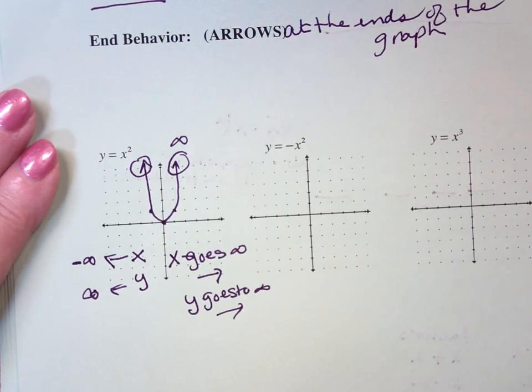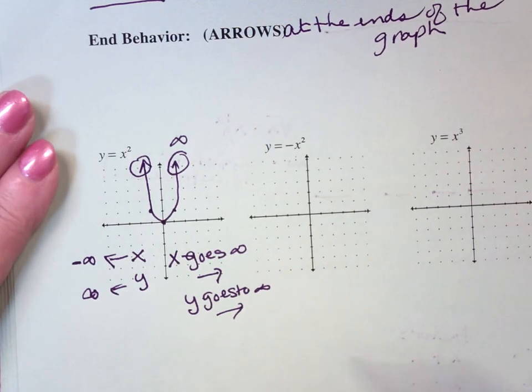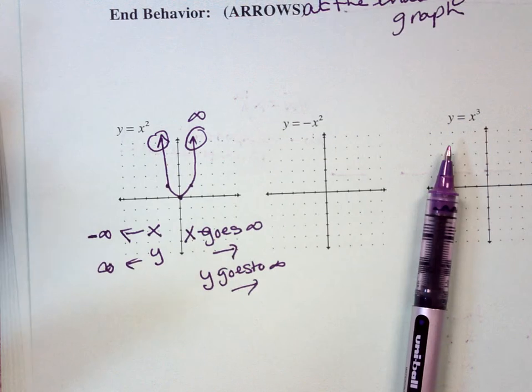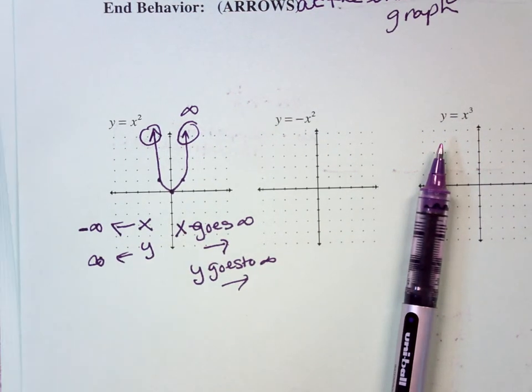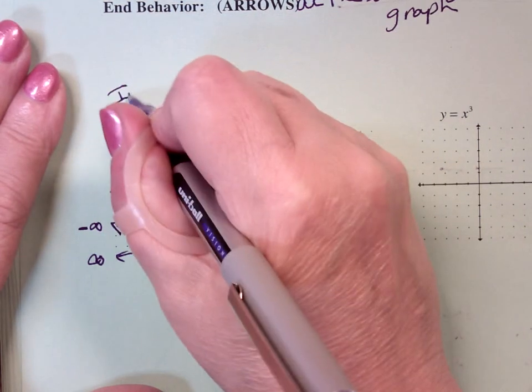Now I take the easy way out. I know that for an even degree polynomial, this is what we're looking at. The leading coefficient happens to be positive. So this guy says it's in from the top of the graph.